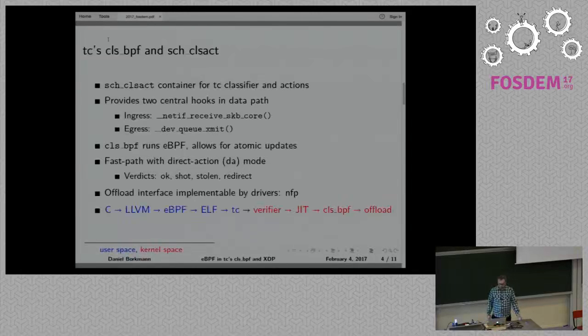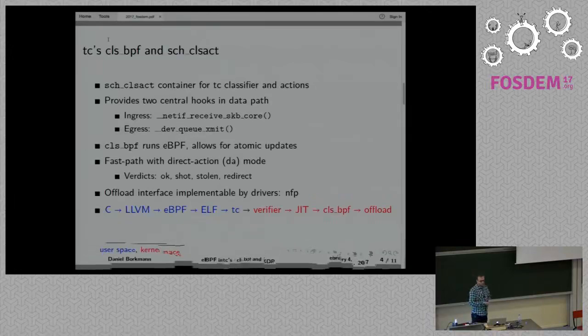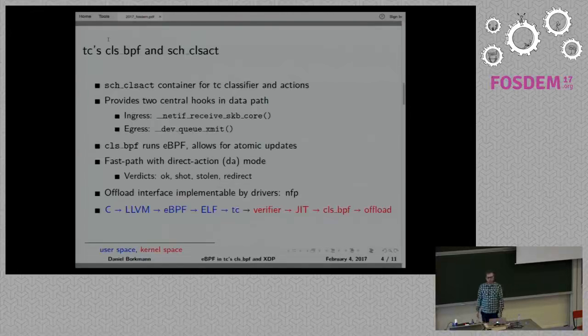So to give you some more details regarding TC, you can basically attach this cls_bpf to a qdisc, and there's a qdisc called clsact, which is just a pseudo qdisc similar to the ingress qdisc in the kernel, and this is only there for the purpose of attaching classifiers and actions, if you're familiar with TC.